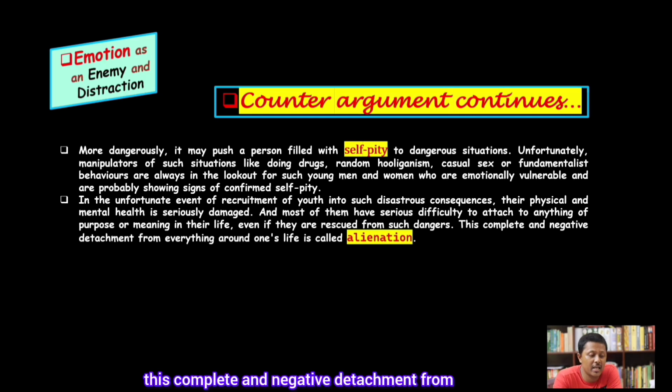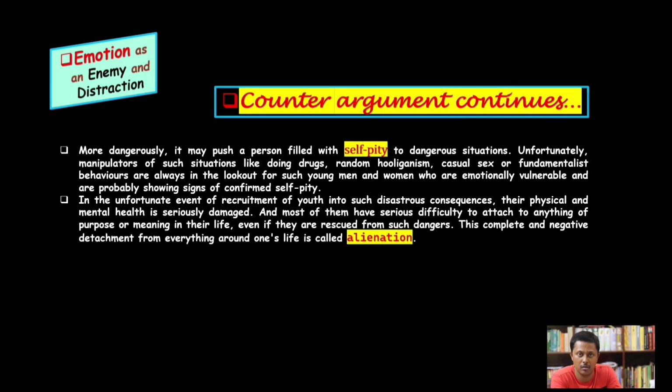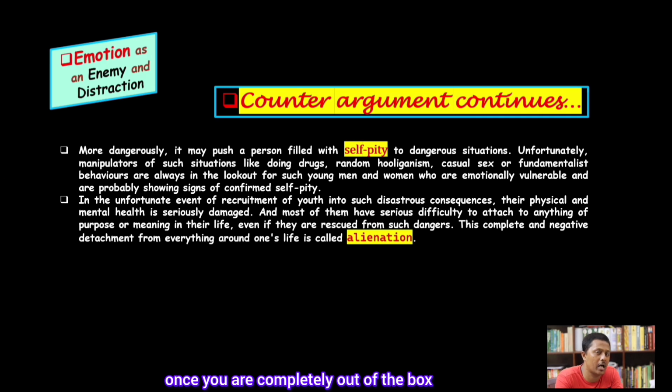This complete and negative detachment from everything around one's life is called alienation. So once you are alienated, once you are completely out of the box, things are getting worse. It is not that easy to recover from that. So, this self pity and alienation are very significant factors to understand.